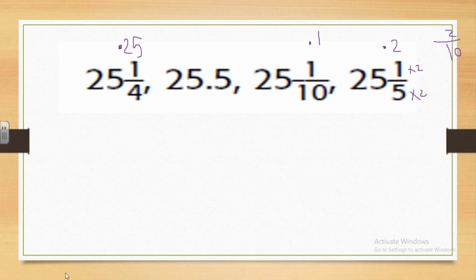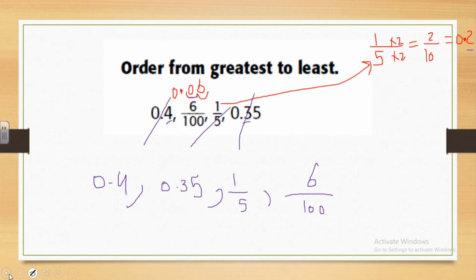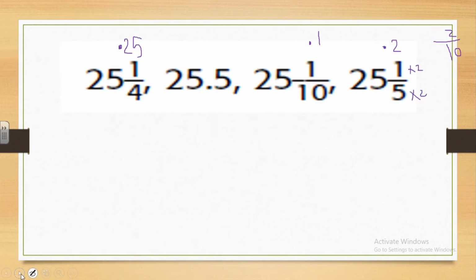Don't forget, he wants you to order what? Order from greatest. So let's order from greatest. Where is the greatest number here? We know that we have 25, 25, 25, so ignore 25 and let's look for the number after the 25. Here we have 2, 5, 1, and 2.